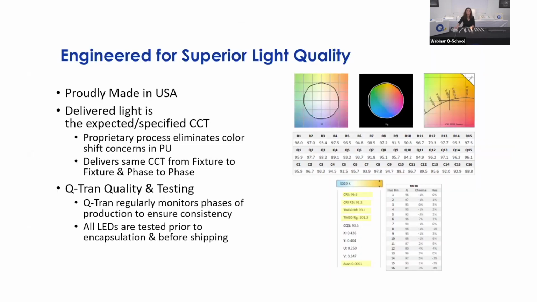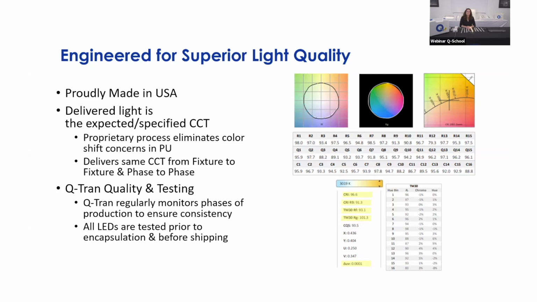These products are also engineered to provide delivered light that meets or exceeds the quality that you're specifying and ordering. Not just for the CCT, but as you can see from the photometric charts on the right-hand side of the screen, the Curve static white SW in 3000K has a color temperature of 3019 with a 96.6 CRI and 91.3 R9, that's the red.